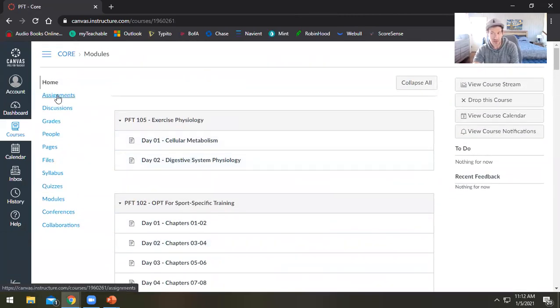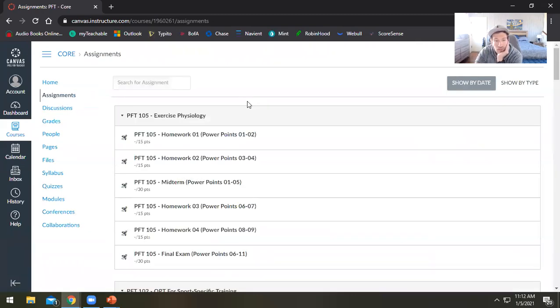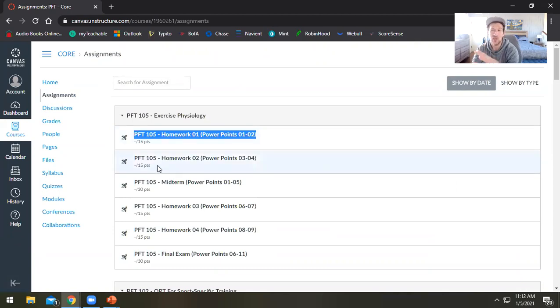So if I go to the assignments tab, I can find it here as well. My internet's being slow. So I can go to the assignments tab and I can find it here. It says PFT 105 homework 1. But what I don't like about using the assignments tab is you can see here's 2, here's all the other ones.